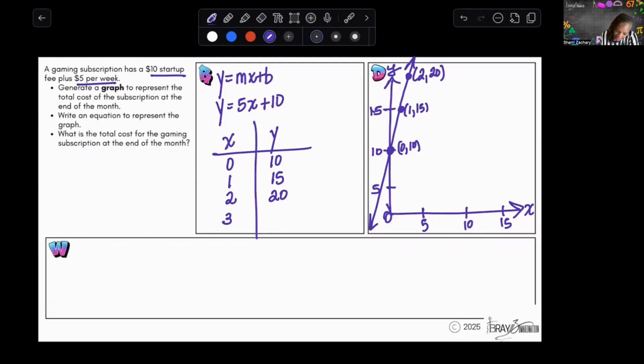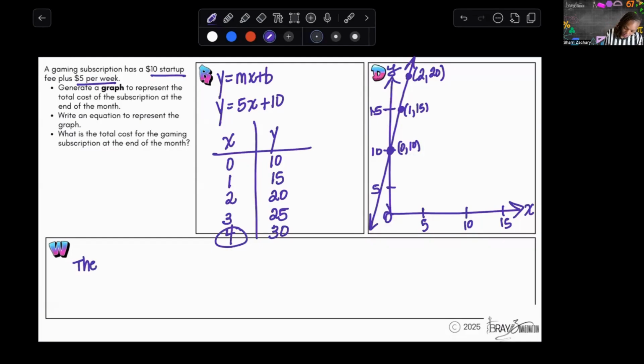So when x is 3, at week 3, my cost is $25. And at week 4, my cost is $30. So now I can answer the question because we're at 4 weeks, which is a month. What is the total cost for the gaming subscription at the end of the month?